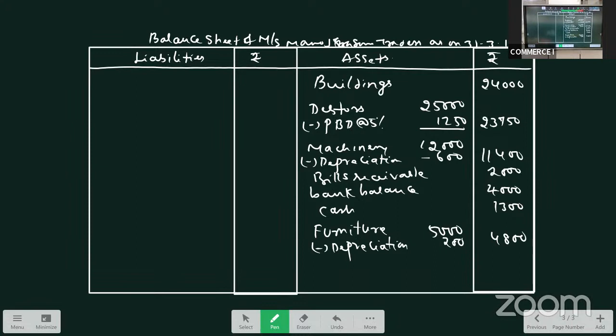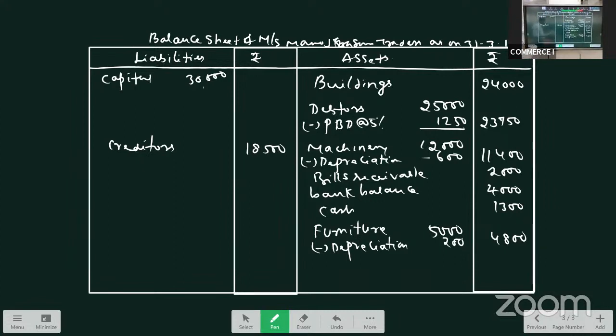Now let us see the items which belong to the liability side. See, creditors. It is 18,500. Then capital. Capital is given as 30,000. That we will take in the inner column. Why? Because we have to add net profit to this, no? And we have to deduct drawings if any.